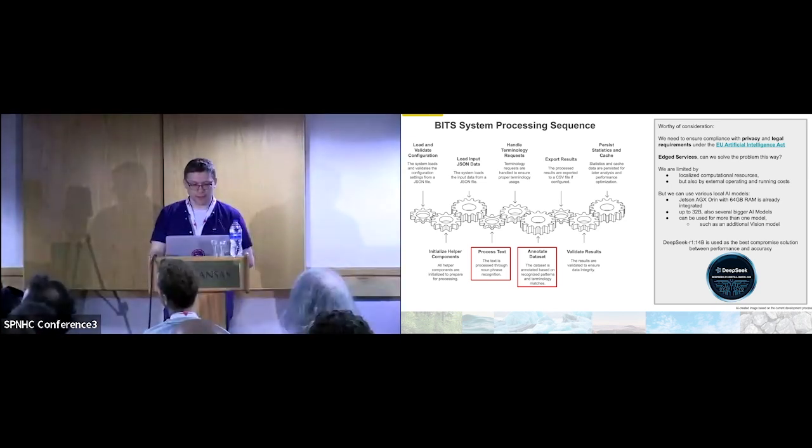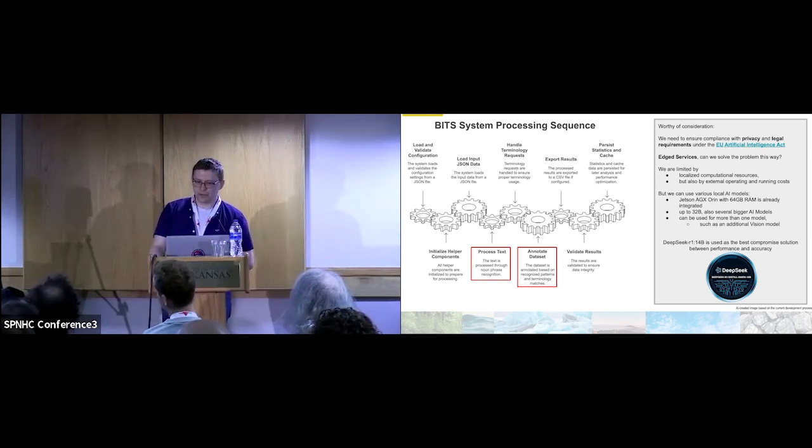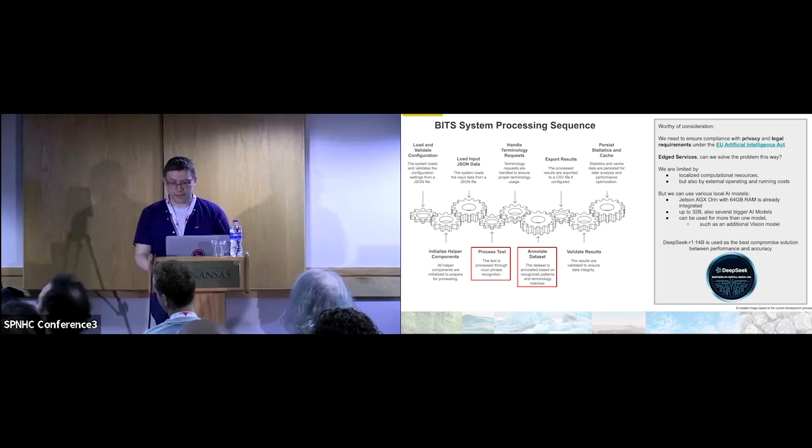Actually, currently it is important to take a look at the text processing and data annotation. Text processing, like I said before, we can use various AI services. They will be used at the edge, so it's about last mile computing. And then we have to annotate our data sets. It's another challenge. And we have to ensure compliance with privacy and also with data requirements under the European Union Artificial Intelligence Act.